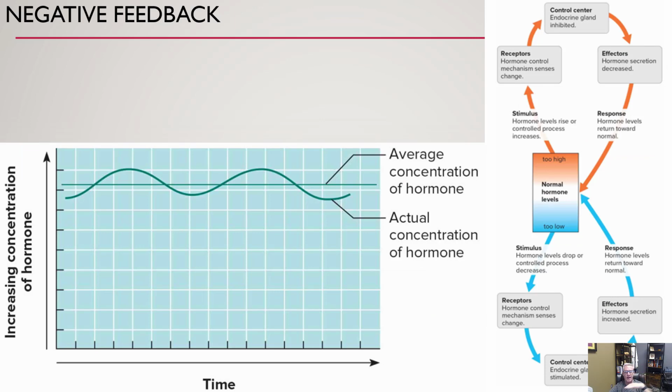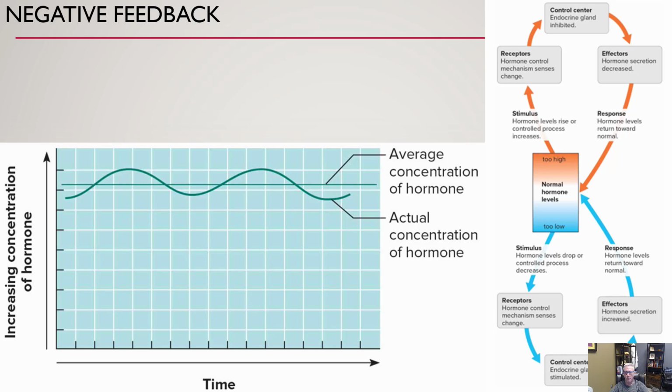So it actually fluctuates. It doesn't actually remain constant. Remember this negative feedback loop. Your temperature doesn't hover at 98.6 constantly. It's going to fluctuate because the body is always trying to keep it at around 98.6, but it will fluctuate.